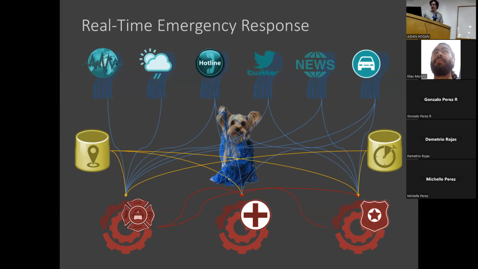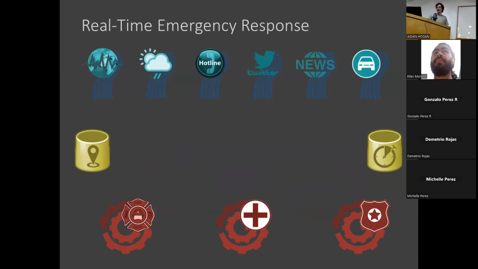So in this sort of scenario, the idea is that we're going to put something in the middle here that will help to coordinate the messages, the production of messages and the consumption of messages. When I say a message, it can be a seismology reading, it can be a tweet, it can be a news headline, whatever it might be.